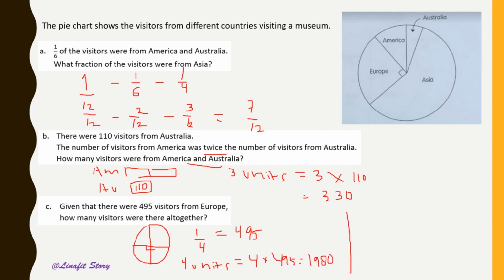Or the other way is, from the Europe is 25%. 25% is 495. How to get 1%? So 495 divided by 25 is 19.8. Then how many visitors were there altogether? 100% is 100 times 19.8. So the answer is 1980.